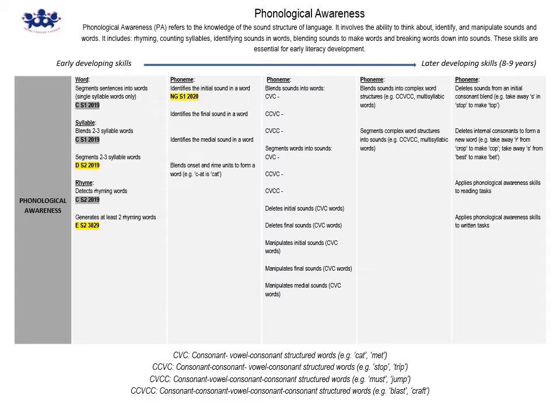Active goals may also have a D for developing, which means that your child still requires some assistance to complete these tasks. Or they may have an E for emerging, meaning that they still require significant teacher support to complete the task. If there is a goal that has a C and has been highlighted in grey, this means that your child has consolidated that particular goal and has moved on to a new goal.